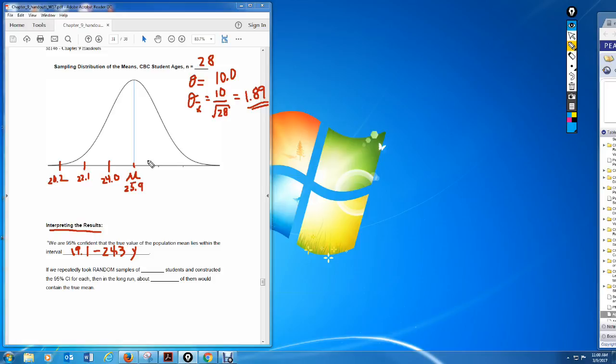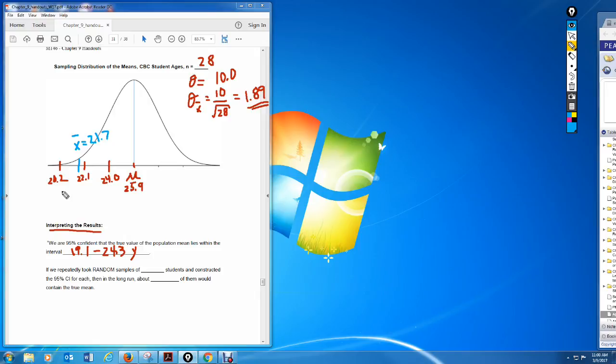Our point estimate, our sample mean from the class, the mean age, was 21.7, which is about here. So that is our sample mean, which was 21.7. Okay.